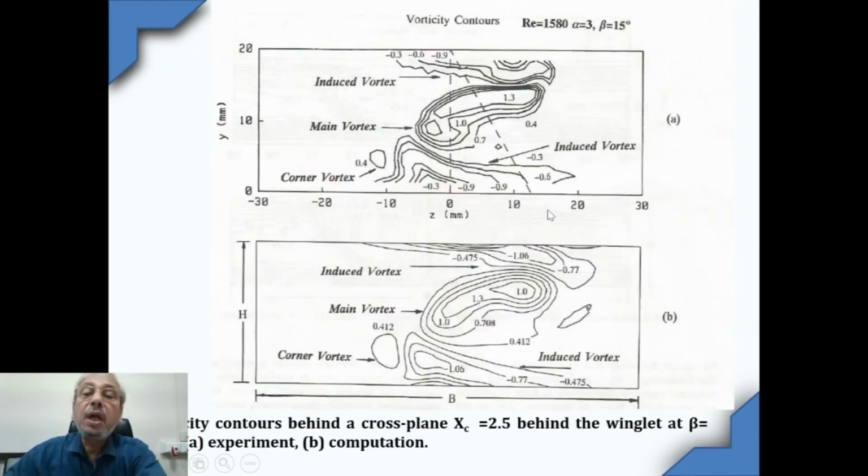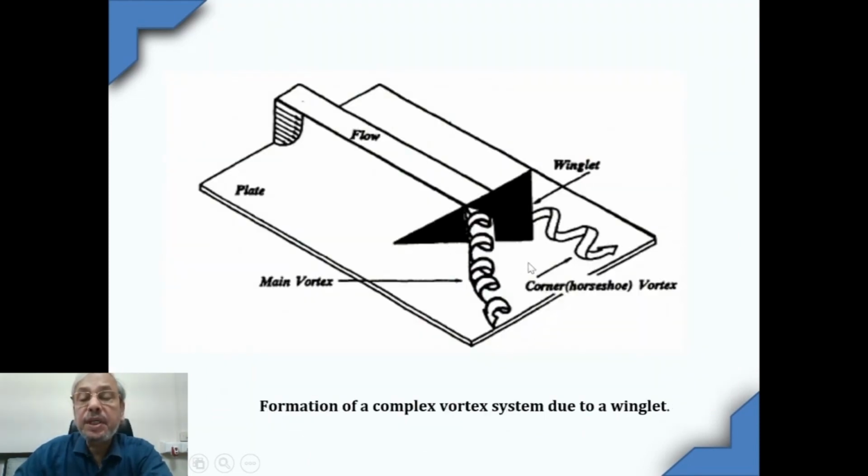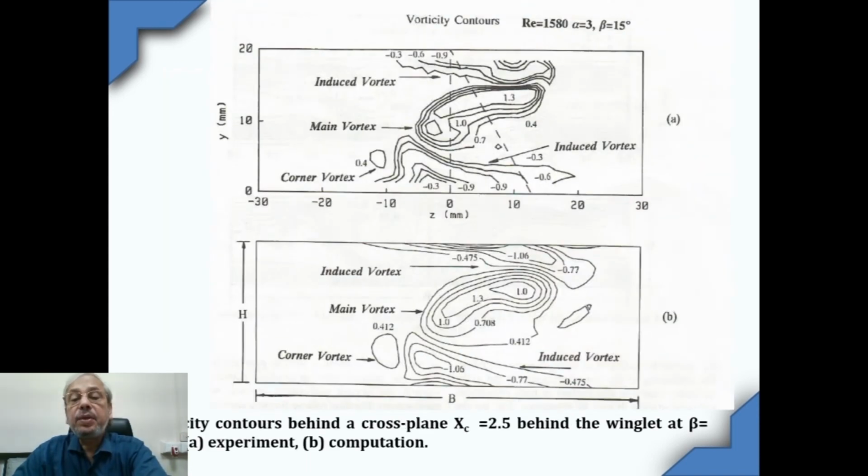So now you can see the computational result, and we can see the main vortex, corner vortex, and induced vortex. After these vortices are created, they will be disseminated downstream, and they will spread also. And you can see here the induced vortex, corner vortex, main vortex.